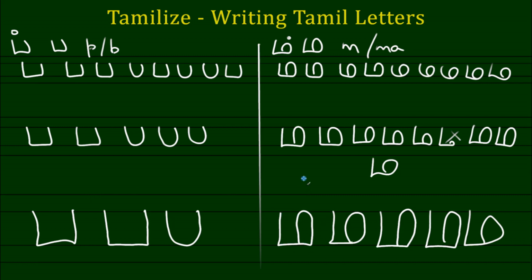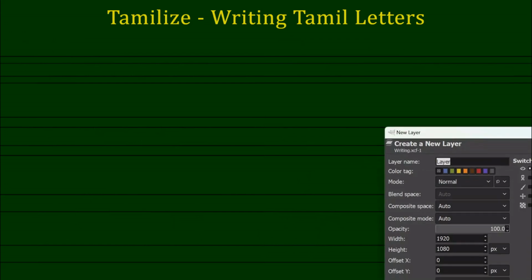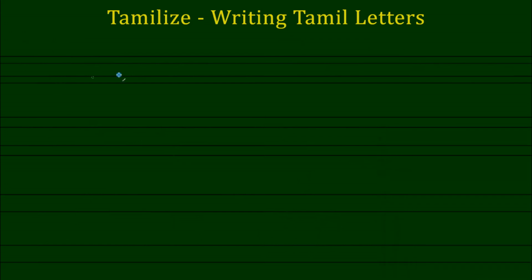So pa, ma. So here we have learned the first 10 letters of the Tamil consonants, basically hard consonants and soft consonants pairs. So let me write like that. So the hard and soft consonants pairs. So I have the ka symbol.